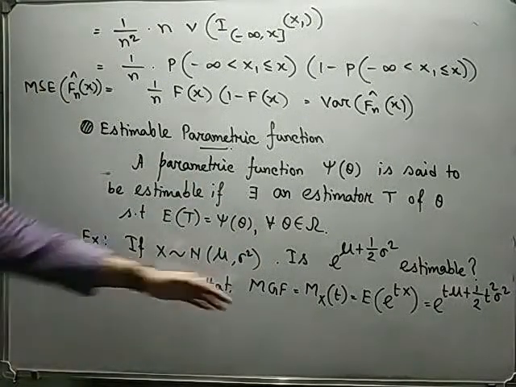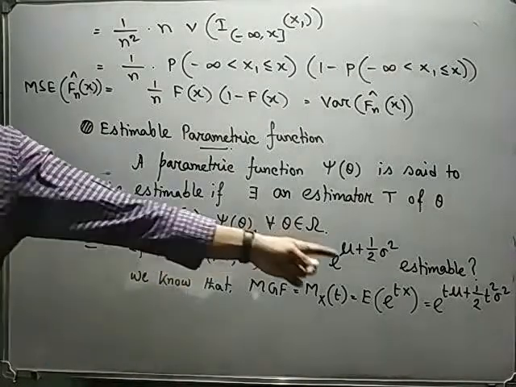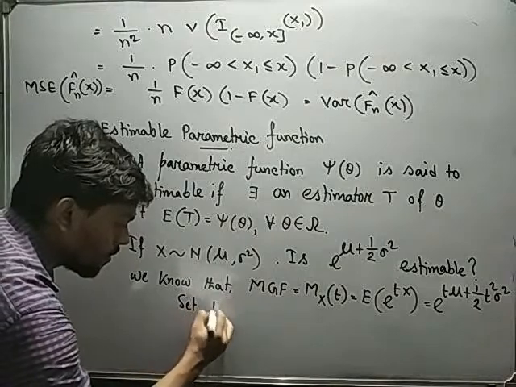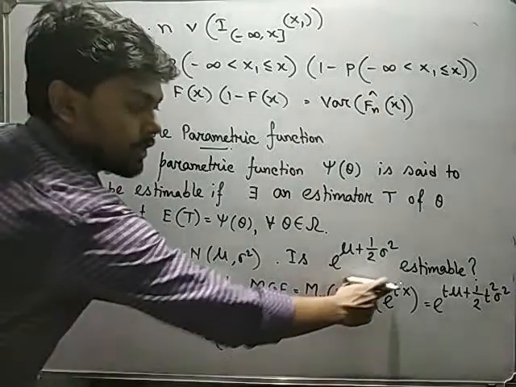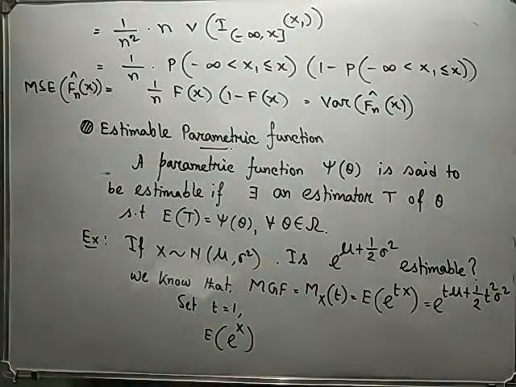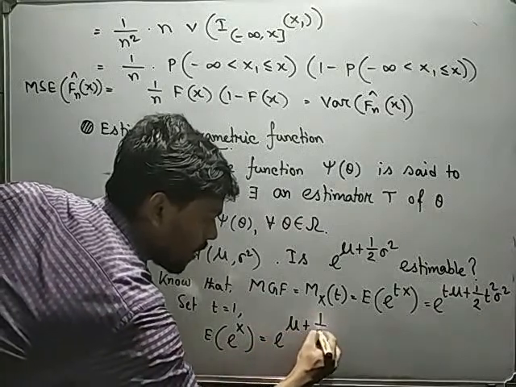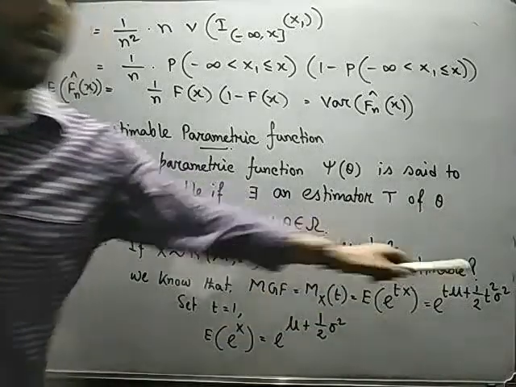And this is the MGF of this capital X. Now if we set t equal to 1, then the expectation of e to the power X will be e to the power mu plus half sigma square, as t equal to 1.